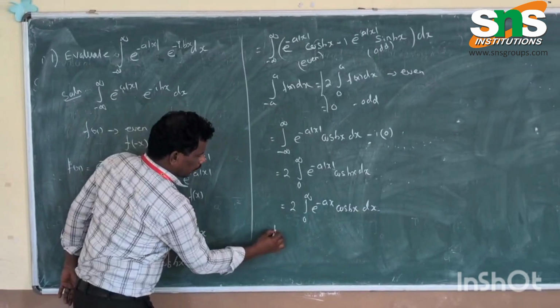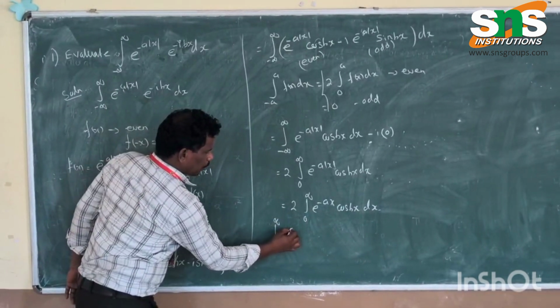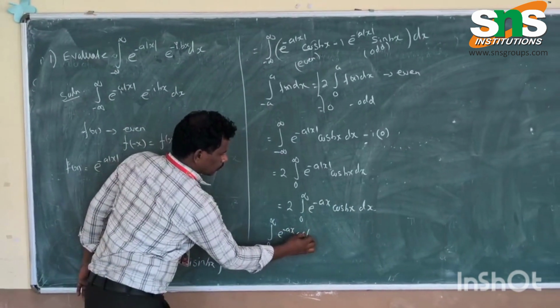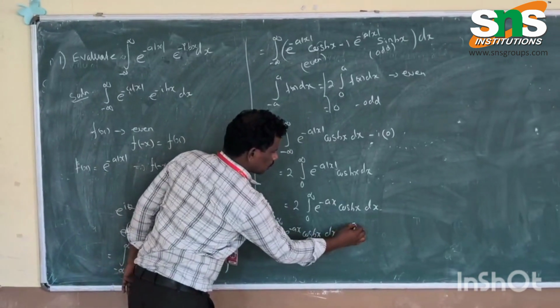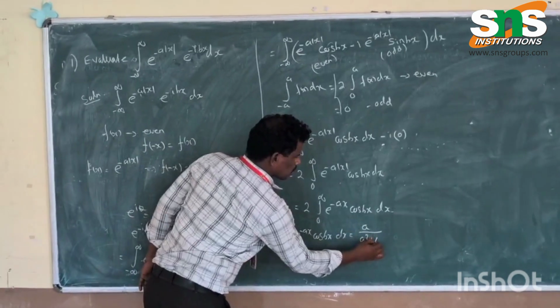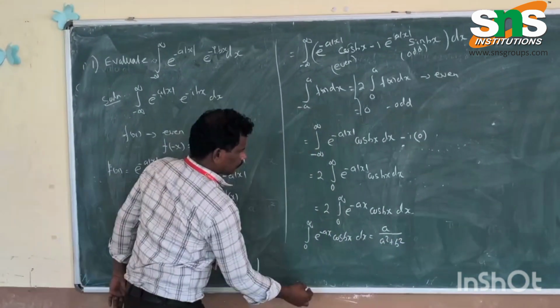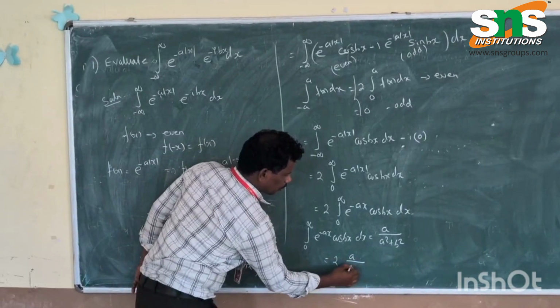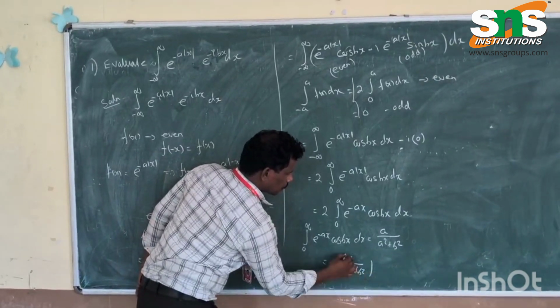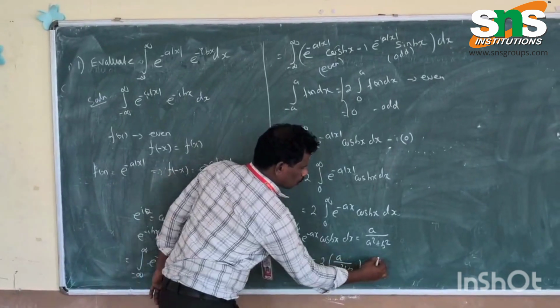We know that the integral from 0 to infinity of e power minus ax cos bx dx is equal to a by a square plus b square. Therefore, 2 times the integral is a by a square plus b square, multiplied by 2.